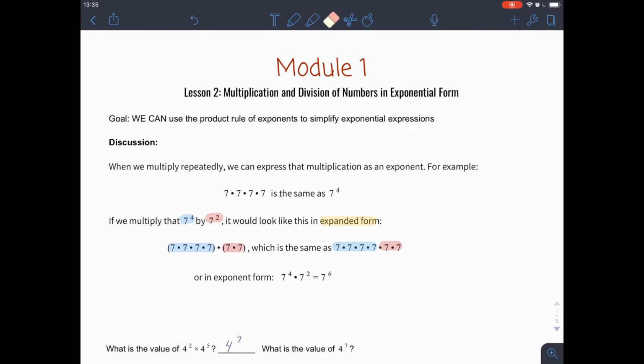We talked last time about how in some calculators it might be an x with a little y, or it could be an up-arrow-looking caret. When we put that in, we get 16,384. So it can be a lot easier sometimes to write things in our exponential form.